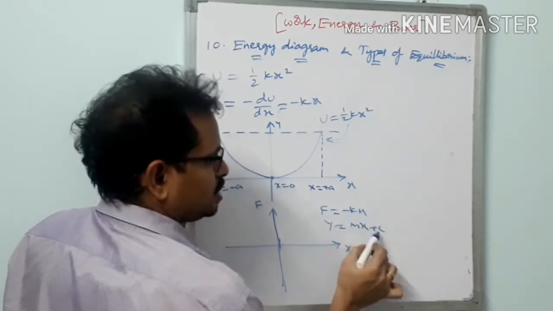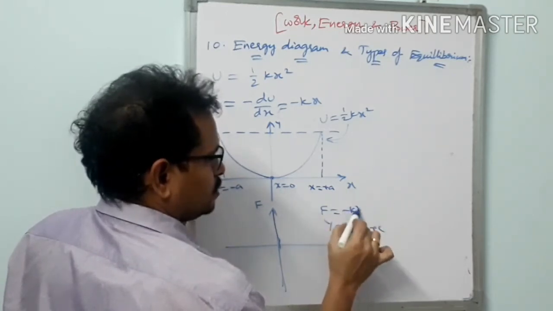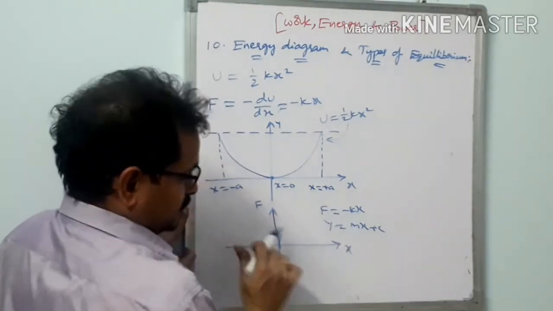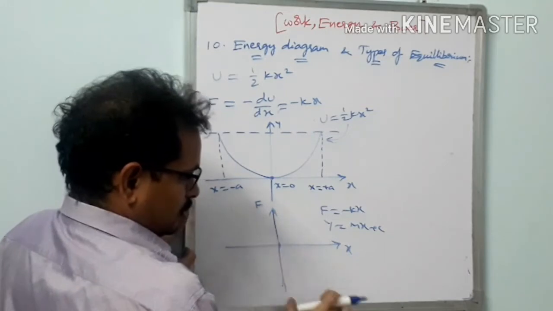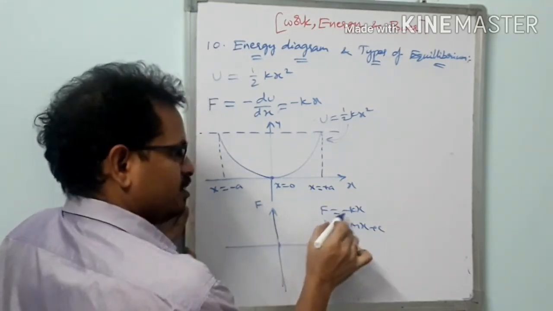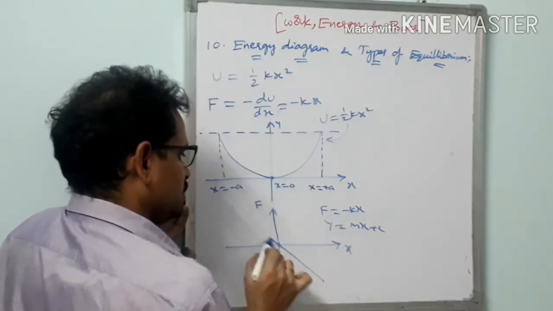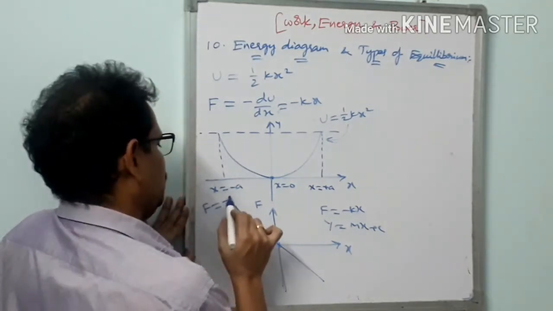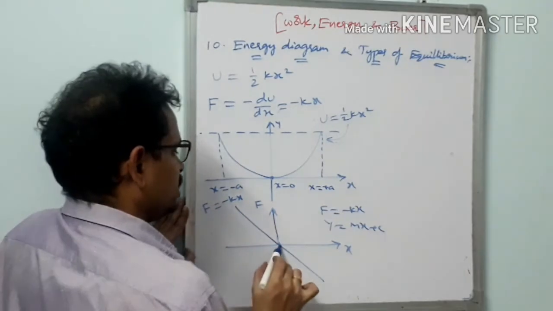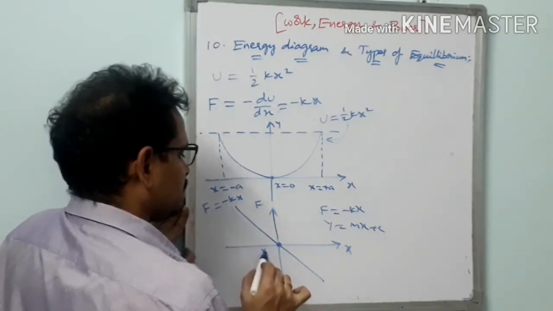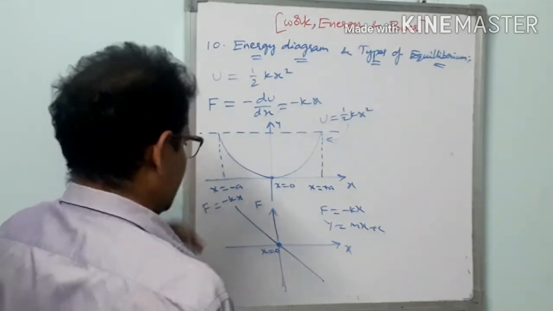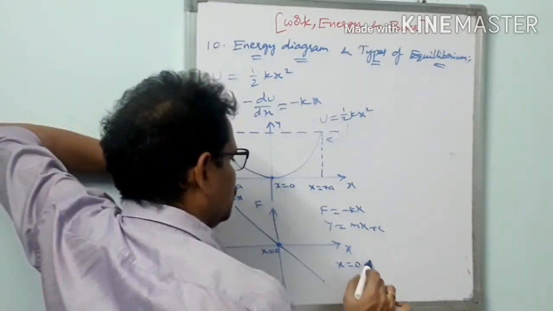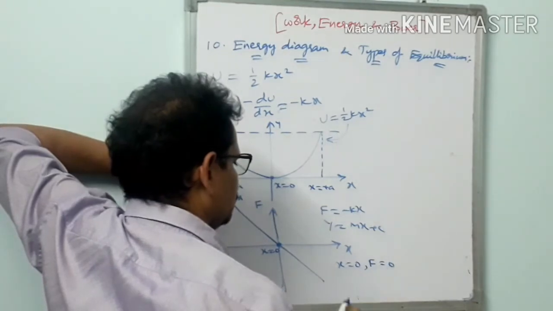Here the c term is not there, so F equal to minus kx passes through the origin, and it has a negative slope. So this is the F equal to minus kx graph. At x equal to 0, what is the force value? At x equal to 0, F equal to 0.